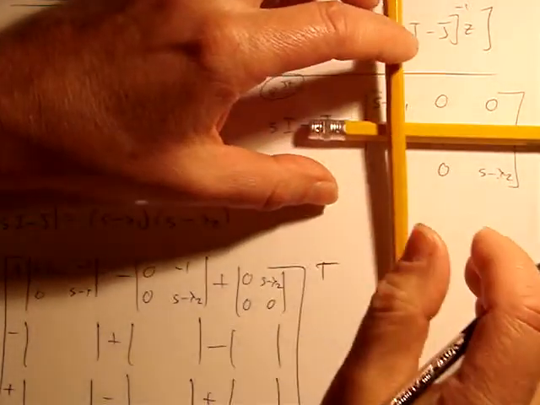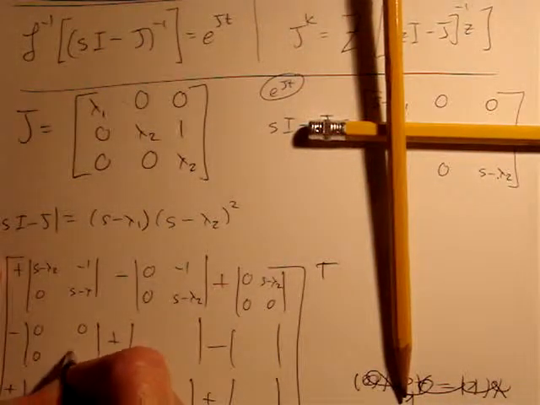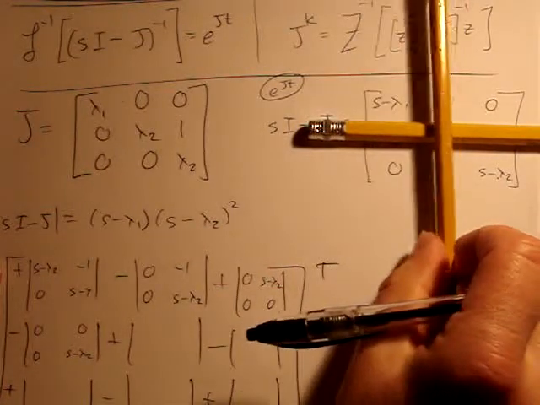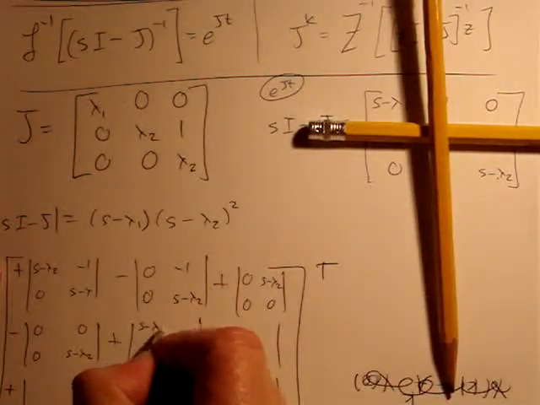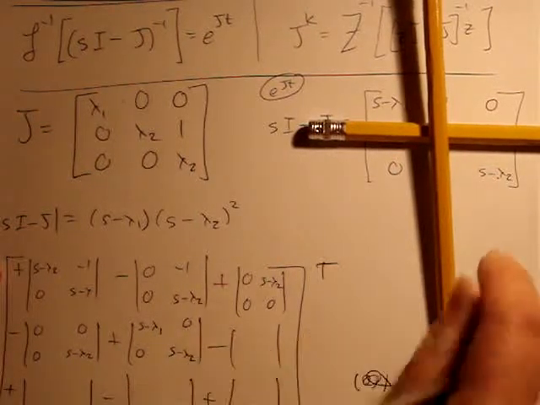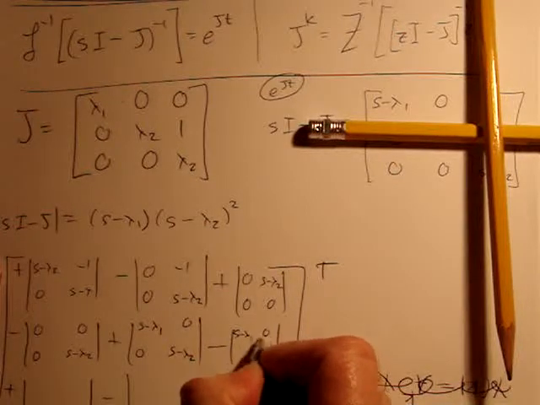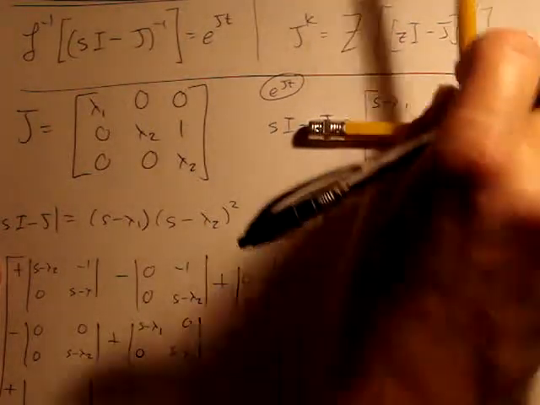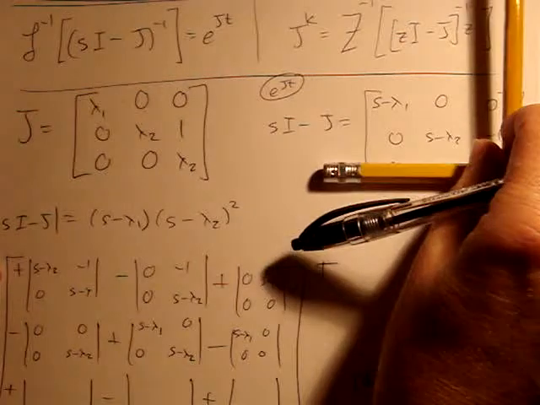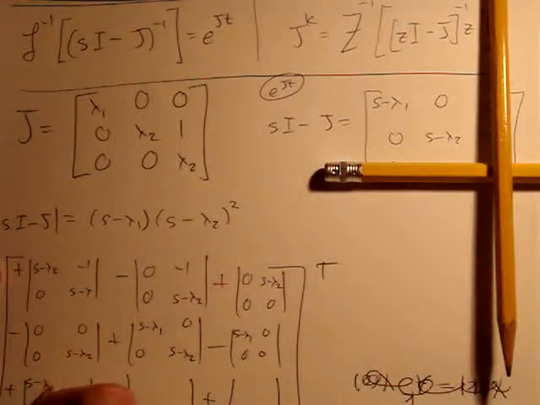Second row, first column, 0, 0, 0, s minus lambda 2. s minus lambda 1, 0, 0, s minus lambda 2. s minus lambda 1, 0, 0, 0. And then a third row, s minus lambda 1, 0, 0, s minus lambda 2.